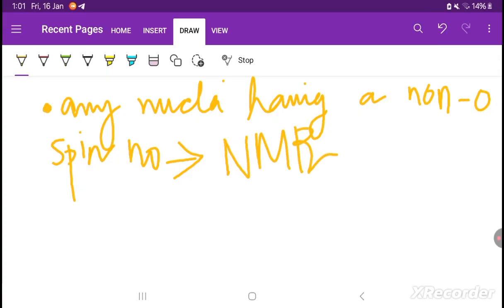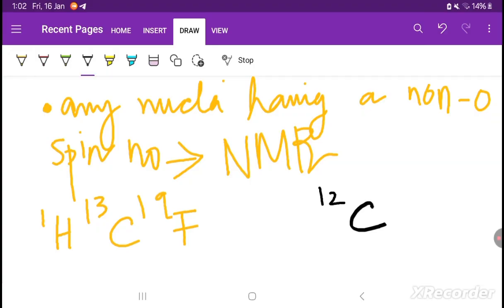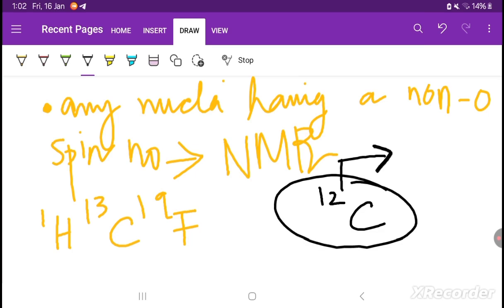Okay, so examples are 1H, 13C, and 19F. There's one question: can 12C be used? No, because its mass number is 12, which is even.